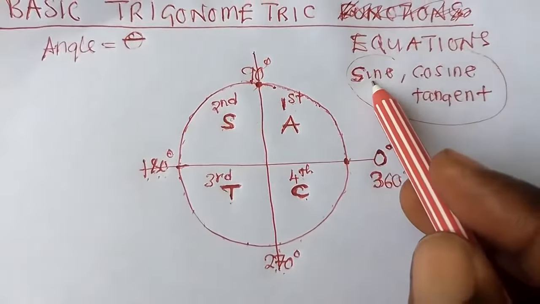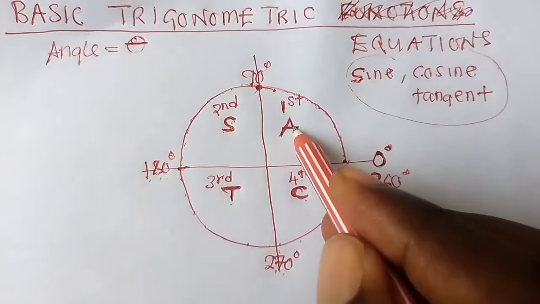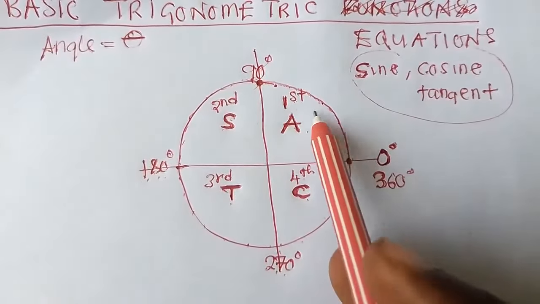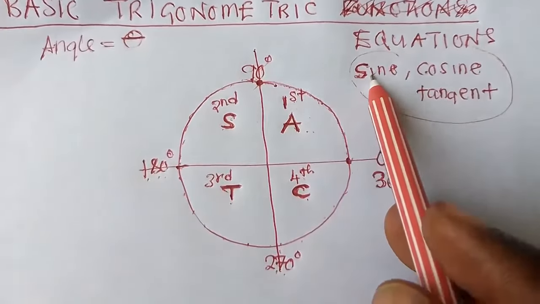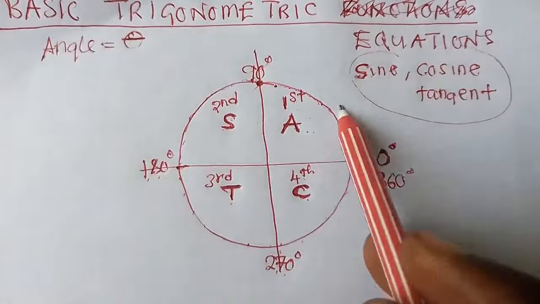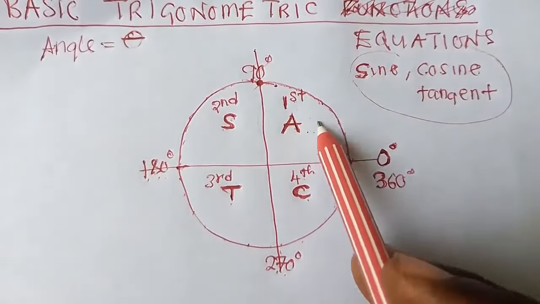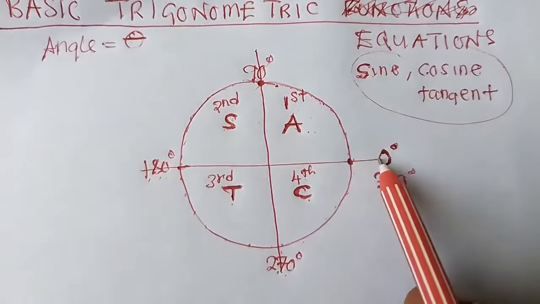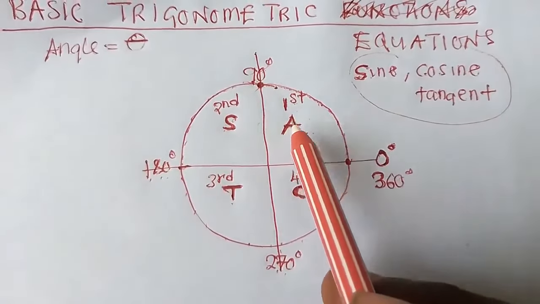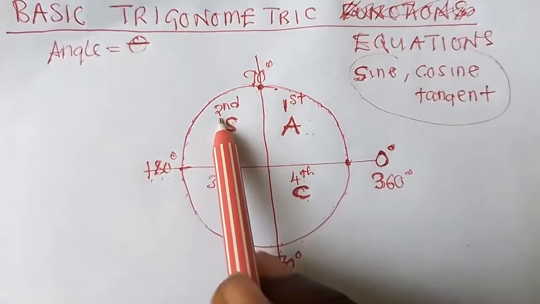So when I say A, which means that in the first quadrant, sine, cosine, and tangent are all positive. So in the first quadrant, any angle between 0 degrees and 90 degrees is positive.